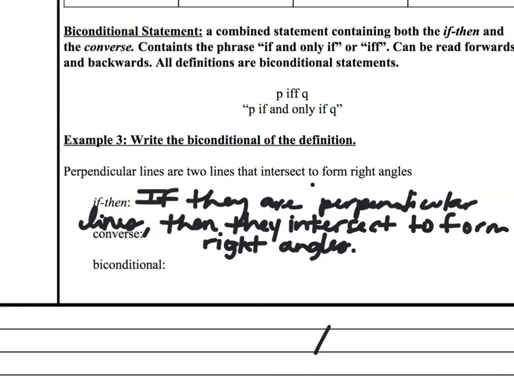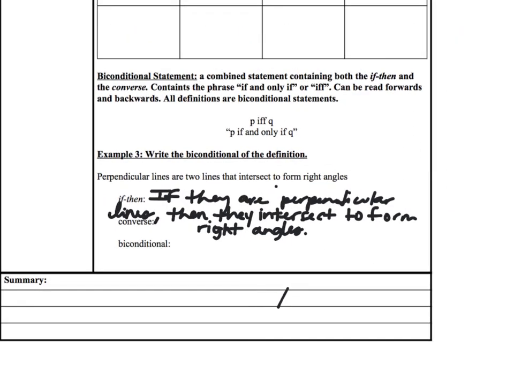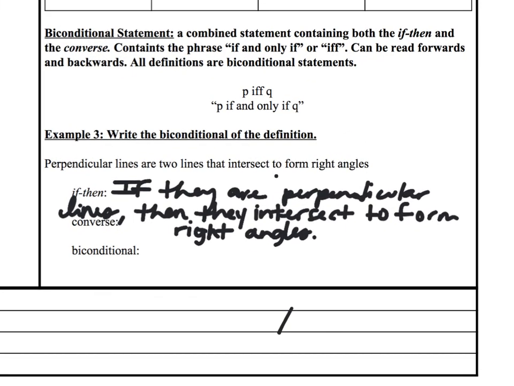And you're going to see me use a symbol for perpendicular. It looks like this. Pretty much from here on out, that's what you're going to see, because perpendicular is kind of a long word, and I'd rather not write it out every single time. We use a lot of symbols in geometry, because we do a lot of writing, and you'll see that today. So it's easier to just use the symbol for perpendicular.